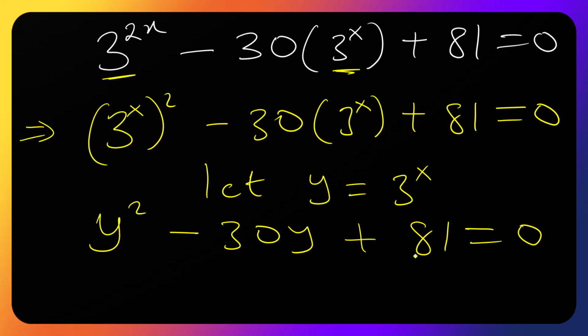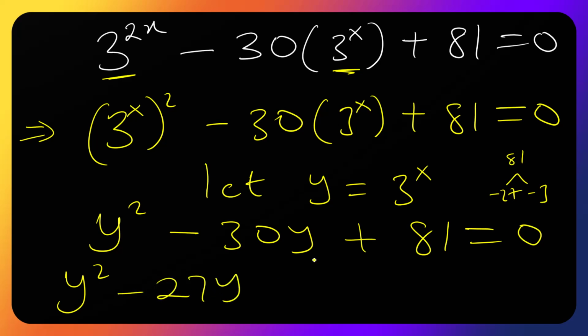So let's look for the factors here. The coefficient here times this, that will be 81. So the 81, that will be minus 27 times minus 3. If I multiply, I'll get 81, and if I add, I'll get minus 30. So you are free to go. So y squared minus 27y minus 3y plus 81 equal to 0.